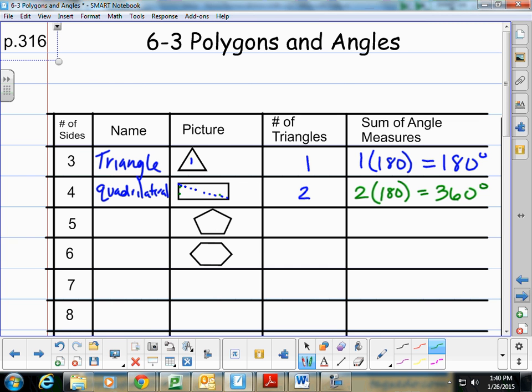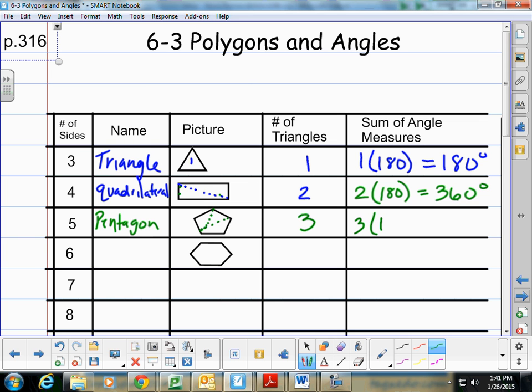We're not going to do all of these, but we are going to want to know some names of figures. A 5-sided figure is called a pentagon. It's a little fuzzy. How many triangles are in that? You cut it from one angle up to every angle that's not right next to it. So we created 3 in this case.